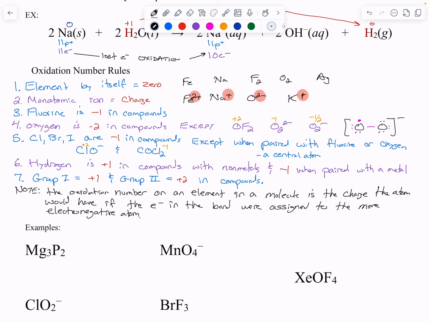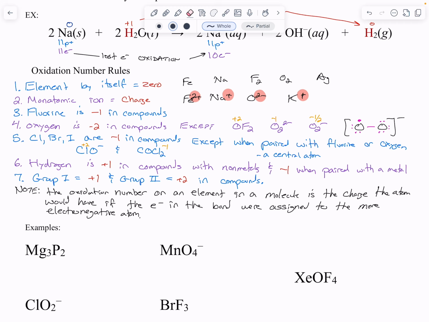Because we might have a compound that does not have fluorine, oxygen, chlorine, or hydrogen in it. Or if it does, there's other elements, like if I have nitrogen and sulfur and hydrogen and carbon. What's going on here? And so the more electronegative atom gets the electron. If that makes sense to you.